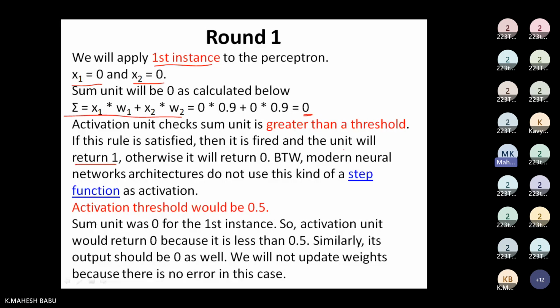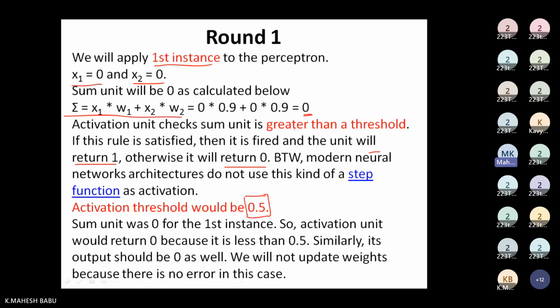Otherwise, it returns 0. By the way, modern neural network architectures do not use this kind of step function as activation. Here I am taking the threshold value as 0.5.